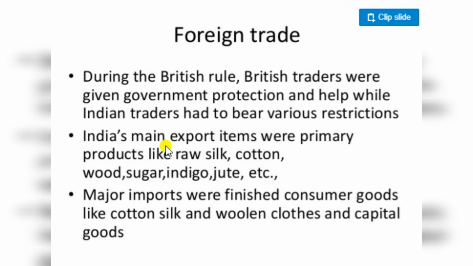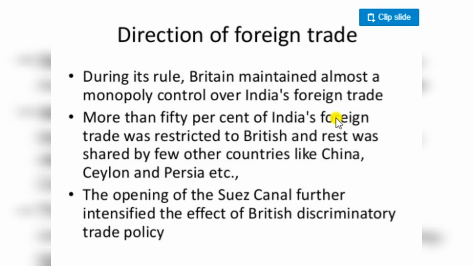So we can say that foreign trade was going on, but India's main export items were primarily silk, cotton, wool, gold, and silver, which were majorly exported to Britain, and major imports were finished goods and consumer goods such as cotton, silk, woolen clothes, capital goods, etc. As for the direction of foreign trade, during British rule, Britain maintained almost a monopoly over the Indian economy as well as its trade.